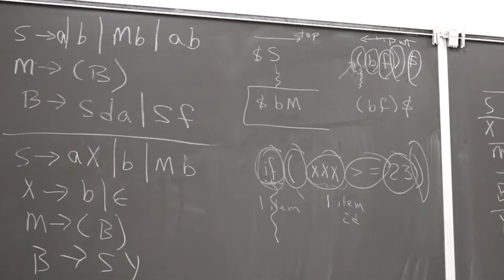Meanwhile, the parser has tokens that, like you said, are separate, and it can only look at one of those at a time. But it's looking at a token that represents multiple symbols, potentially.